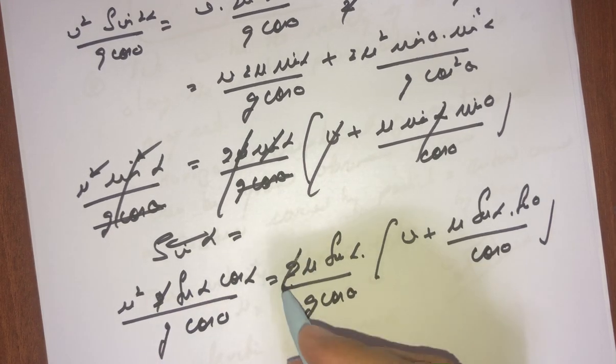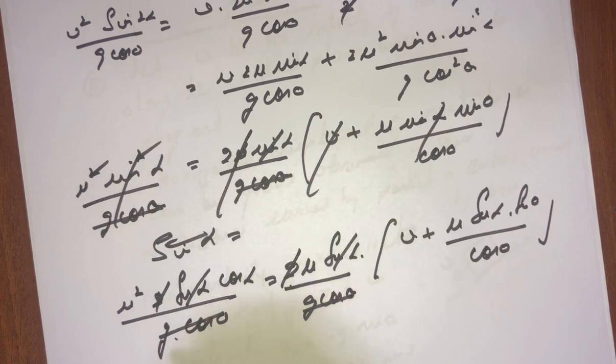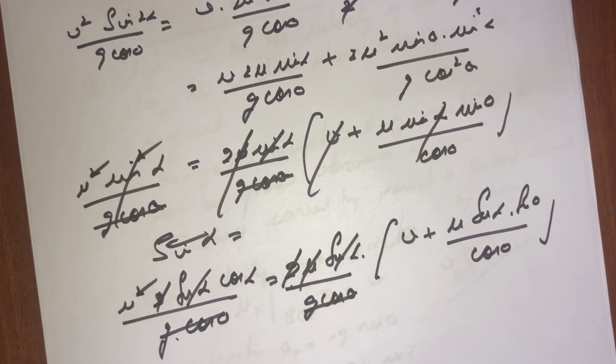So 2 cancels with 2, sine alpha with sine alpha, g cos theta with g cos theta, and u cancels with u square.